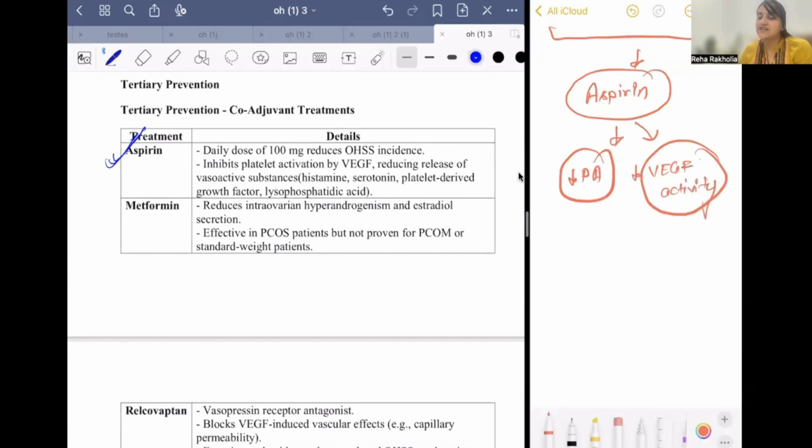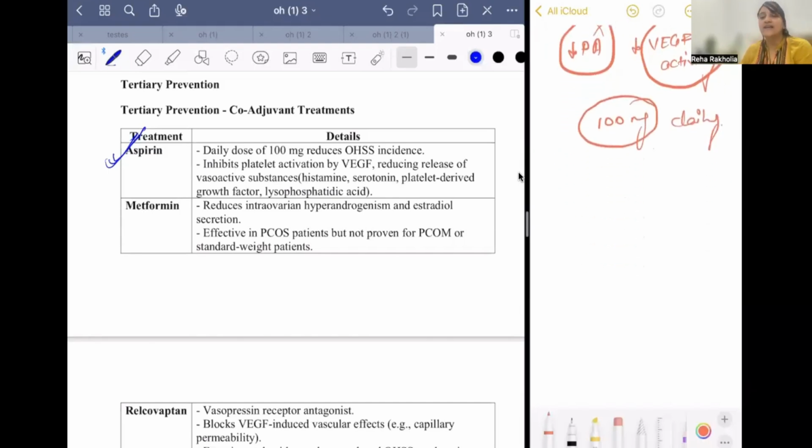Since VEGF plays a key role in increasing vascular permeability, which is a major factor in OHSS, it is thought that low dose aspirin, that is 100 milligram daily, may reduce the OHSS incidence. While aspirin may offer some benefit, it is not a standalone treatment and is generally used as an adjuvant therapy in high risk patients.